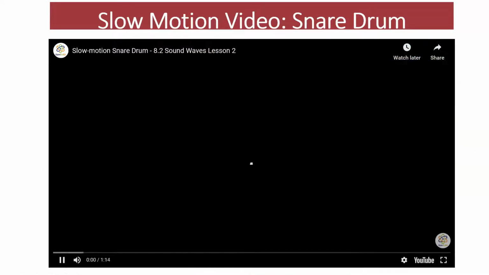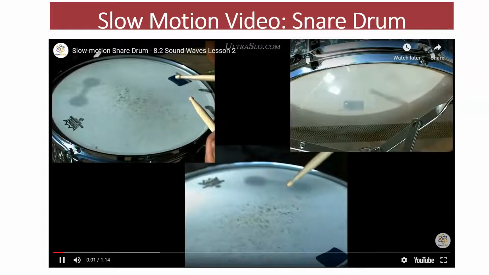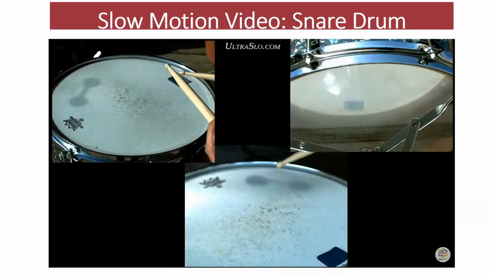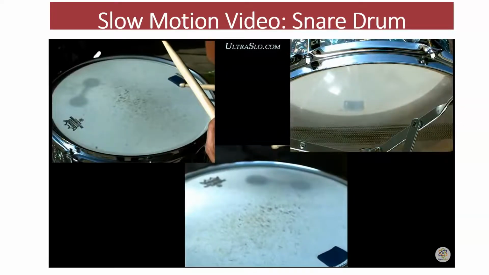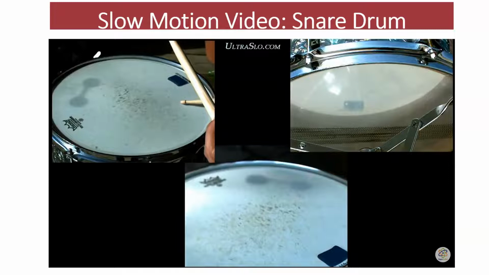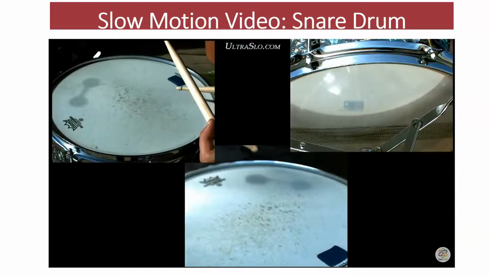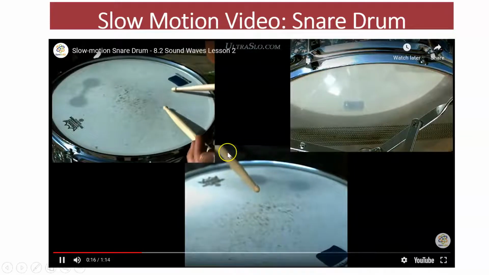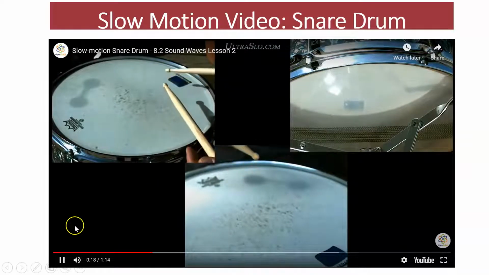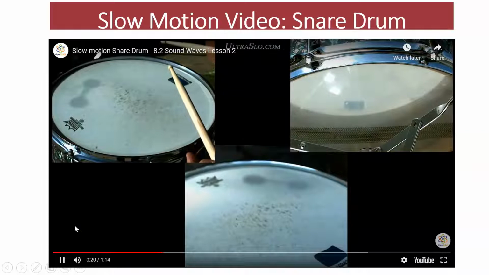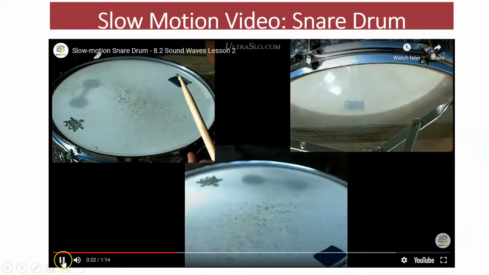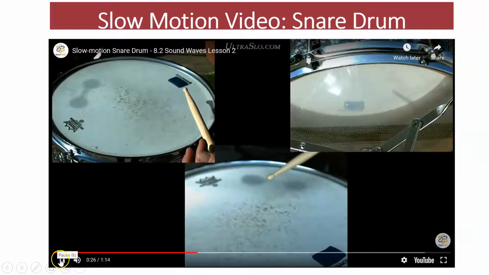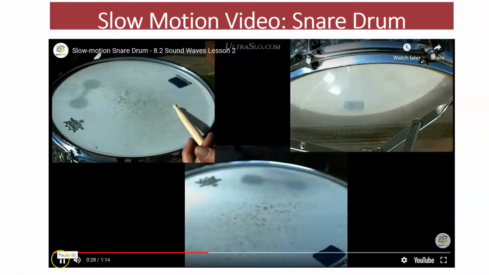Here's the drum. The stick hits it. And now take a look at the drum skin. What do you notice? What do you see? What patterns? Okay.